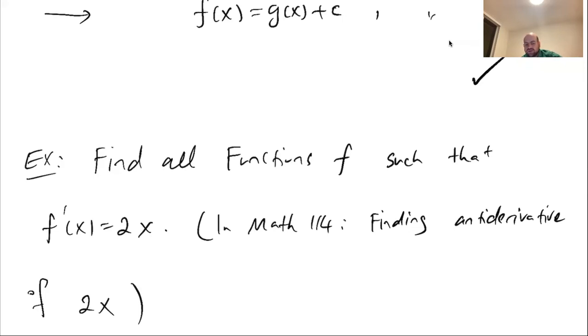Antiderivative of 2x means a function f whose derivative is 2x. So that's one of the main goals in Math 114. In Math 114, next semester, one of your main goals will be finding the antiderivative of a given function.